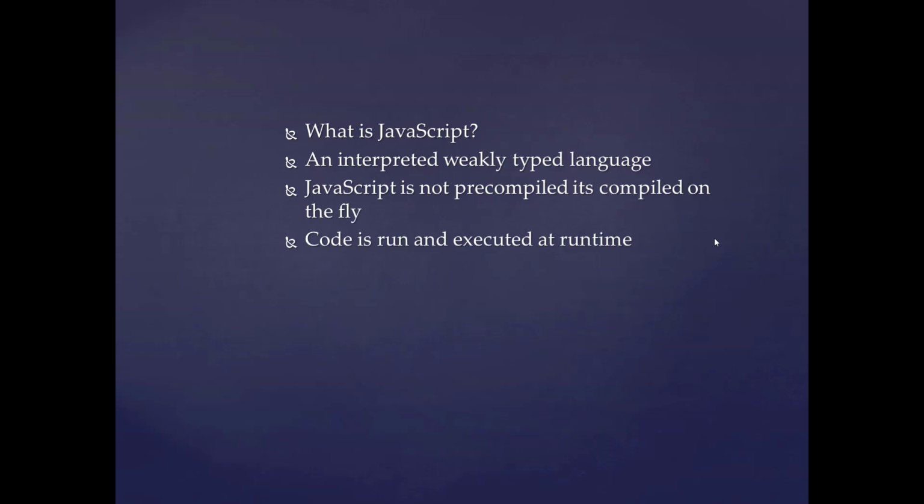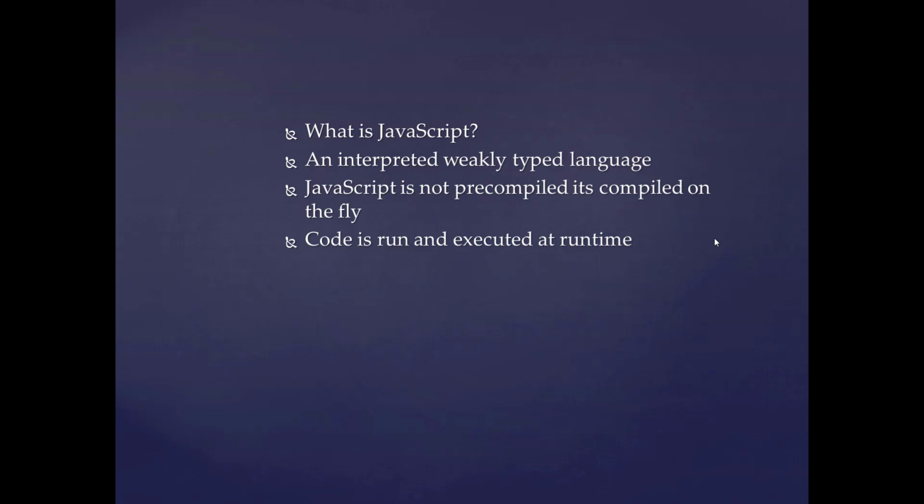JavaScript is not pre-compiled, it is compiled on the fly, which means that languages like C, C++ and Java, as far as I know, are already compiled before the code is executed. That is, the whole of your source code is put in a separate file.